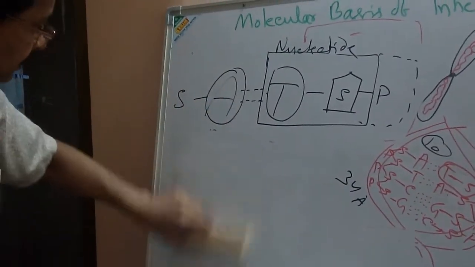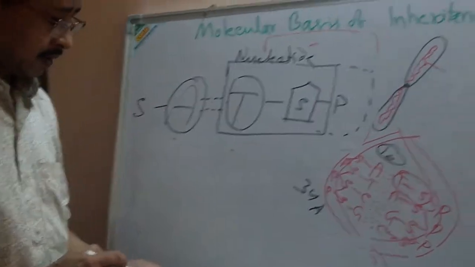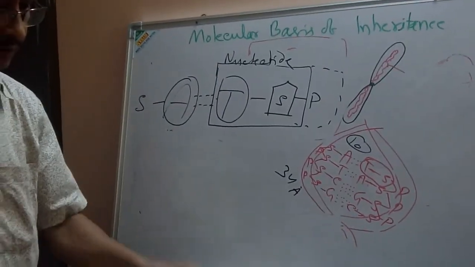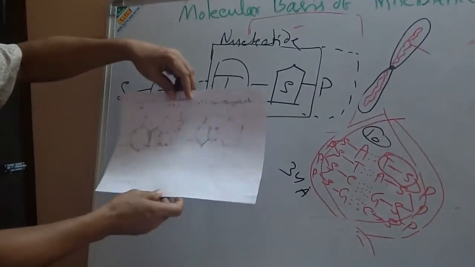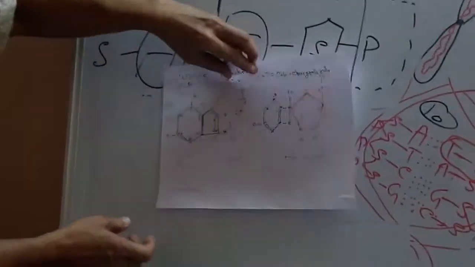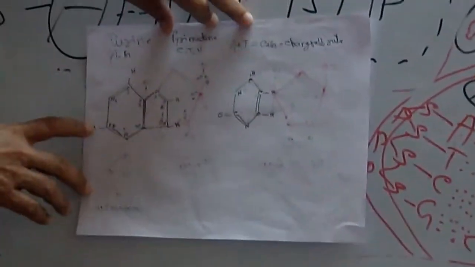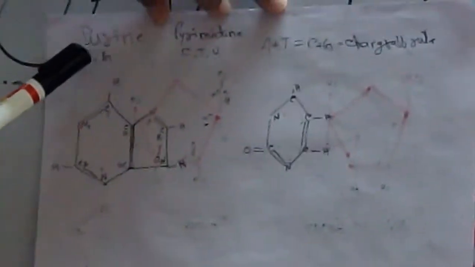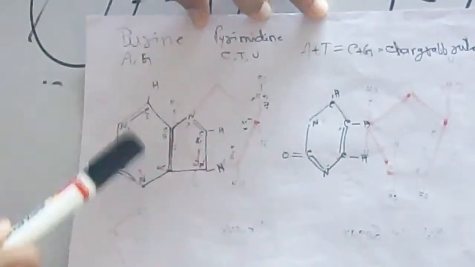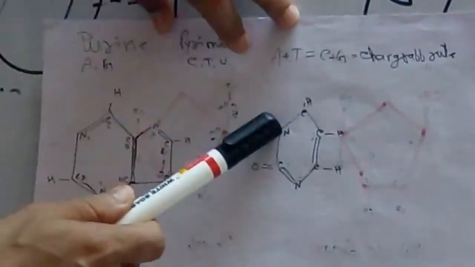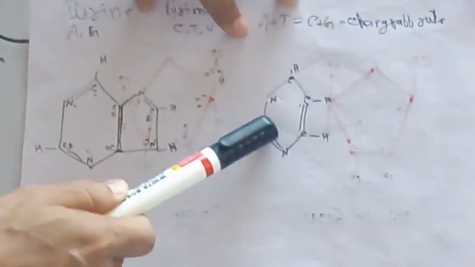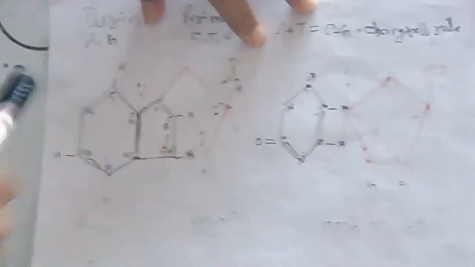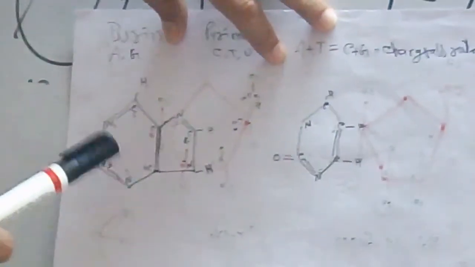Here, in the purine bases, you know better. Look, if it is shown by the camera or mobile, here it is called purine, the nitrogenous bases adenine and guanine. This is a normal purine base. The adenine and guanine structures are separate. In pyrimidine, it is looking like this. The basic difference is two rings.